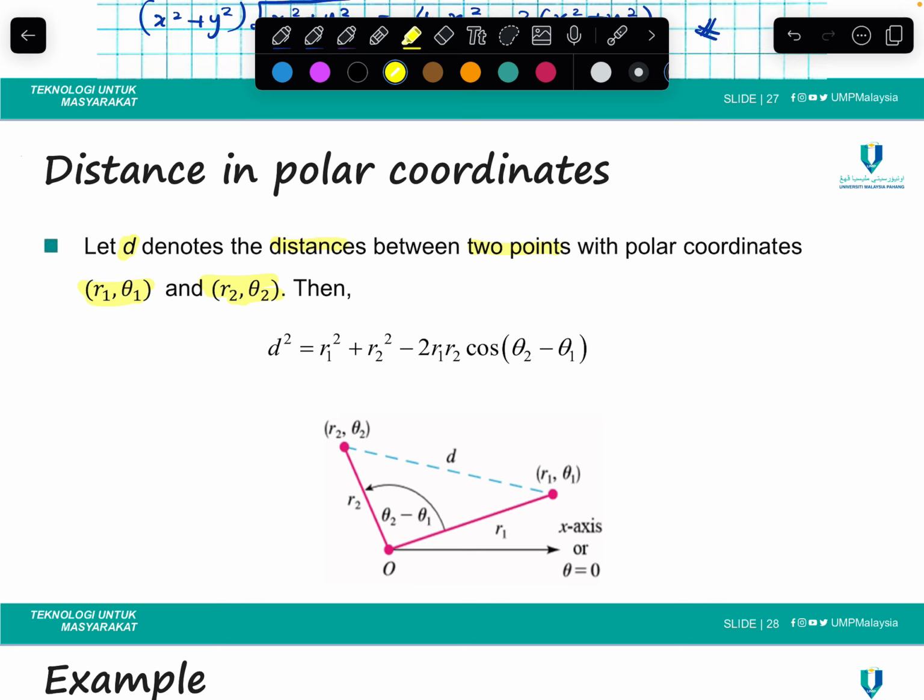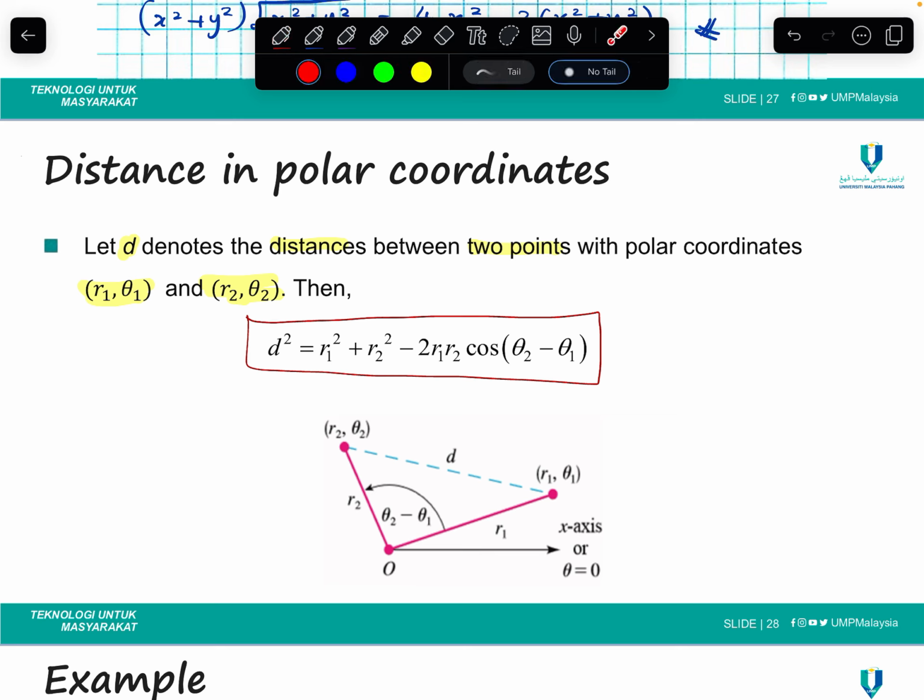Here, D square equal to R1 square plus R2 square minus 2R1 R2 cos theta 2 minus theta 1. Okay, this is the formula where R1 and theta 1 is the first point, R2 and theta 2 is the second point. This is inspired by cosine law.